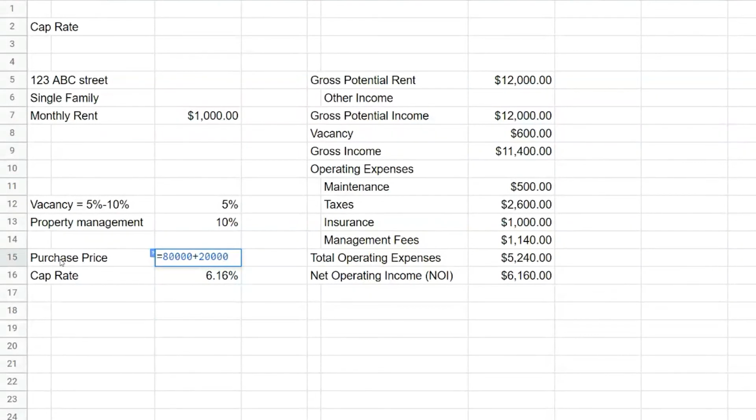Now, on your purchase price, that's great. But if I do the upgrade, I will be able to get more for this. Let's say this is $1,200 because I've done the upgrades to it.